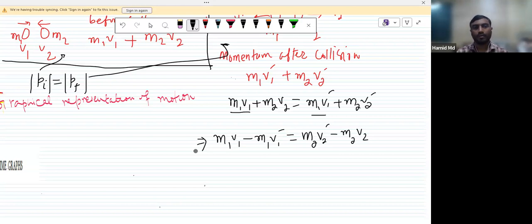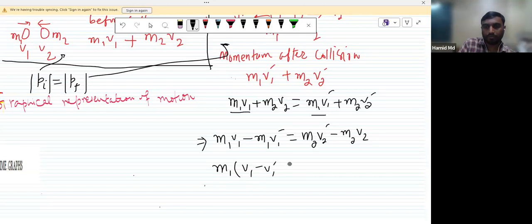What about Munir? Rumaza, are you getting this statement? What we will do now? We will make M1 common: M1 into V1 minus V1 prime is equal to M2 into V2 prime minus V2. Right?